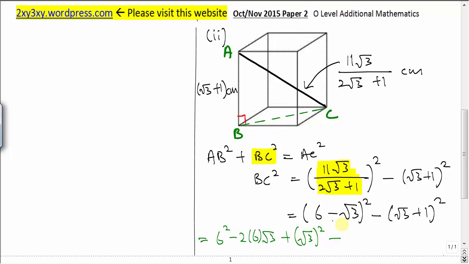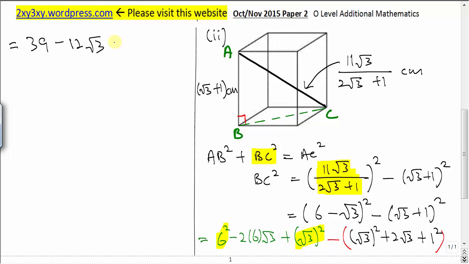The whole thing subtract away a square plus 2ab, b is 1, plus 1 square. Add up these two numbers, 36 plus 3 will give us 39, minus 12 square root 3. Subtract away 3 plus 1 will be 4, plus 2 square root 3.